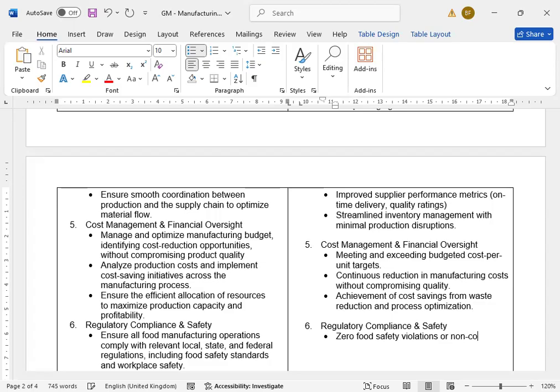Then non-conformances from regulatory inspections.